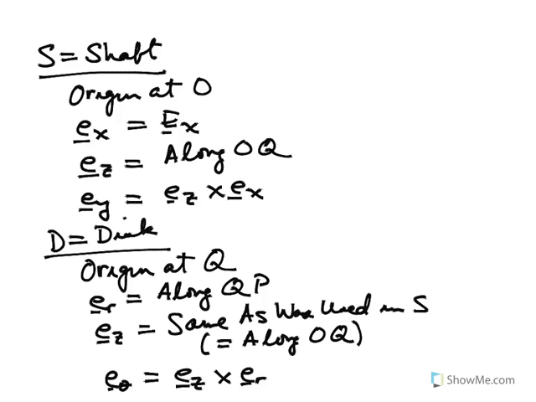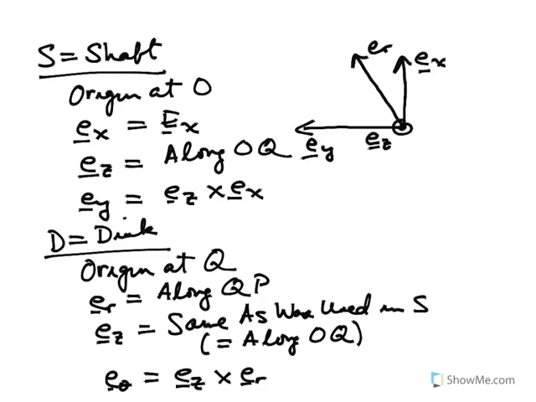Now, if we look at this picture, we can see the following things. EX is up. This is a little EX. EZ in this picture is going to be out of the page. And then EZ crossed with EX is going to give me EY, which points this way. ER is this direction along QP, and then E theta is going to point this way. Actually, to do this with a little less clutter, I'll put EZ over here, and then I'll put E theta in this direction.